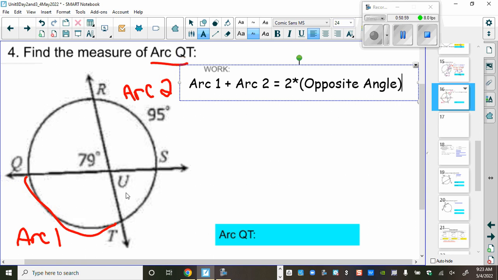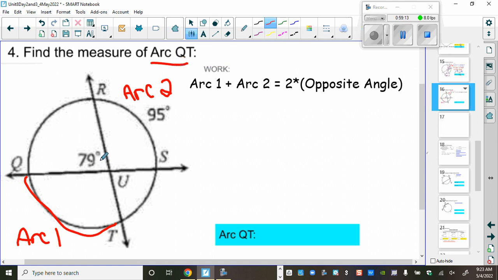Now, do we know what this opposite angle is yet? Can we find it? You can. Because what do we know about the sum of these two angles right here? 79 plus this other angle is how many degrees? What must the sum of these two angles add up to be? Not 90. Rather than 90, what's half a circle?